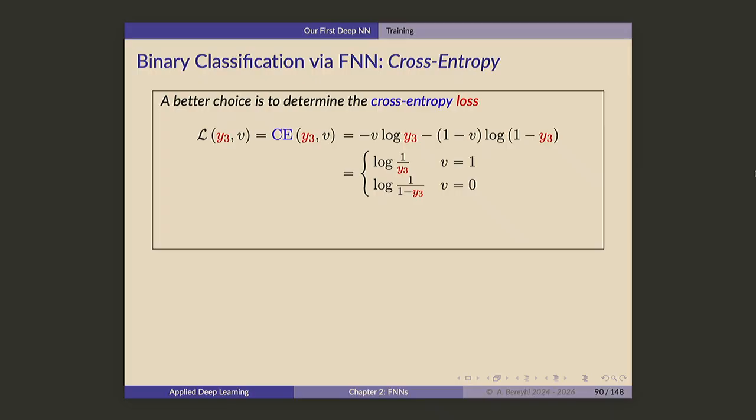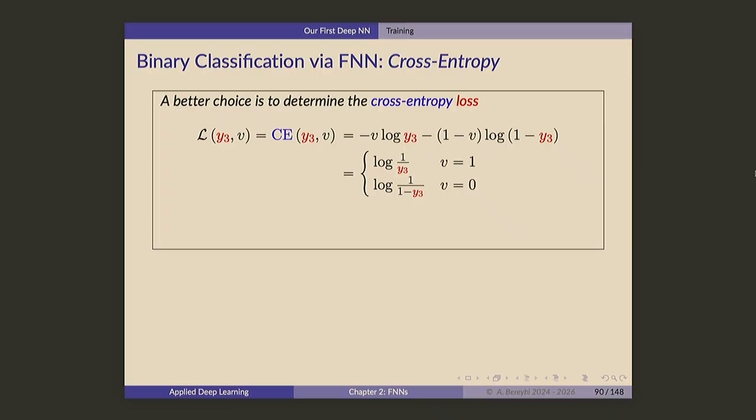The first term is going to remain. v is 1, so it's going to drop. Minus log of y3 is log of 1 over y3. If you set v equal to 0, the first term is going to disappear. The second term is exactly the term you have in the second line.